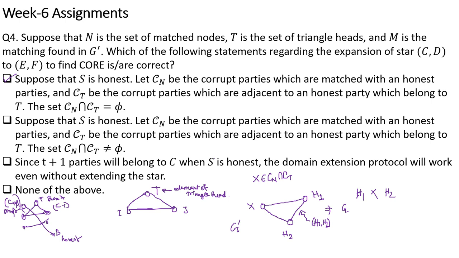Of course, there will be the existence of an empty star graph, but whether there is a need for extending, that cannot be guaranteed, because n is greater than 3t, and in that scenario the size of C is at least t plus 1, among which at most t can be corrupt. So only one honest party will be there in C. So there is a need of extending C, otherwise our core formation cannot be done, because in core formation we need at least 2t plus 1 elements in the core such that an honest majority is there.